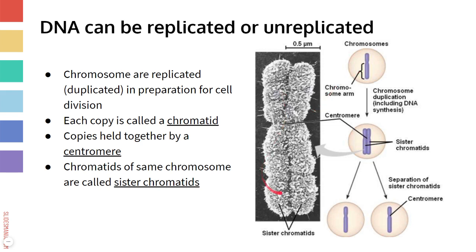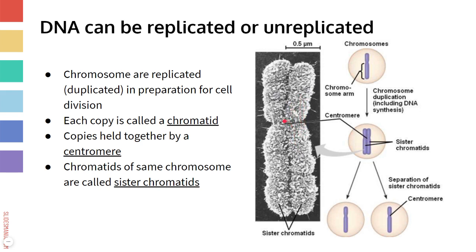So, this is a real picture here. And this is a replicated chromosome that's shown. So, anytime you see this X shape, that's going to be a replicated chromosome. So, there's going to be one copy of the instructions on one side, and then an exact copy, the exact same information, on the other side.